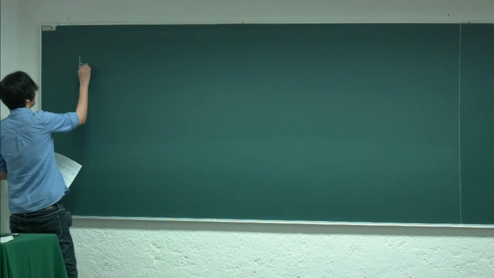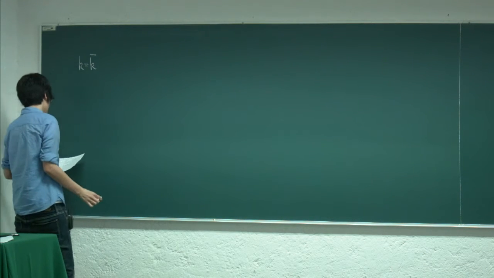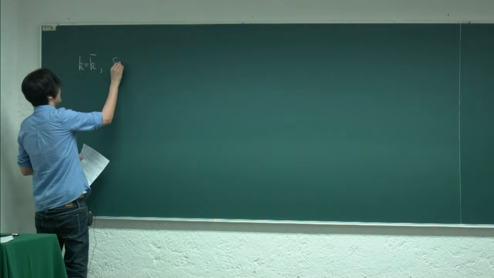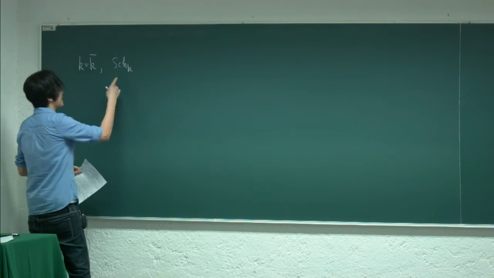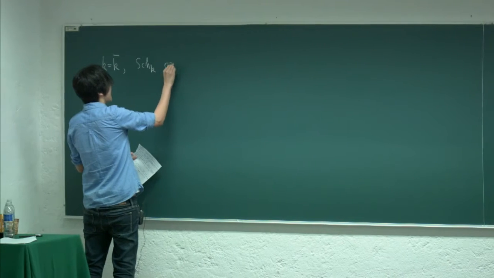Okay, so if it's okay, let's fix an algebraically closed field K, and I'll write schemes sub K for the category of K schemes.